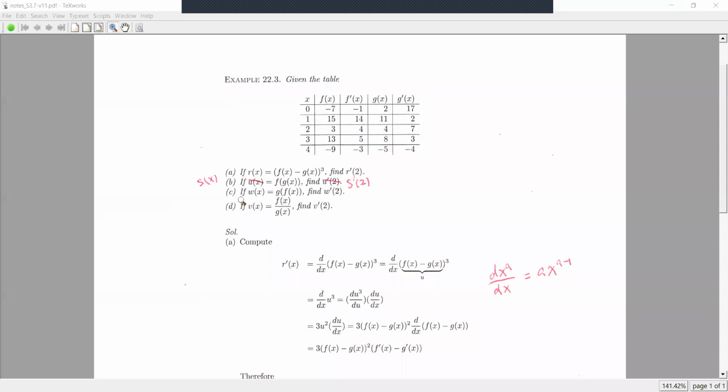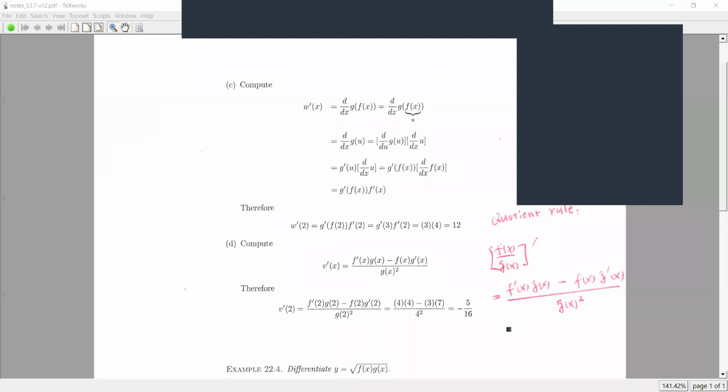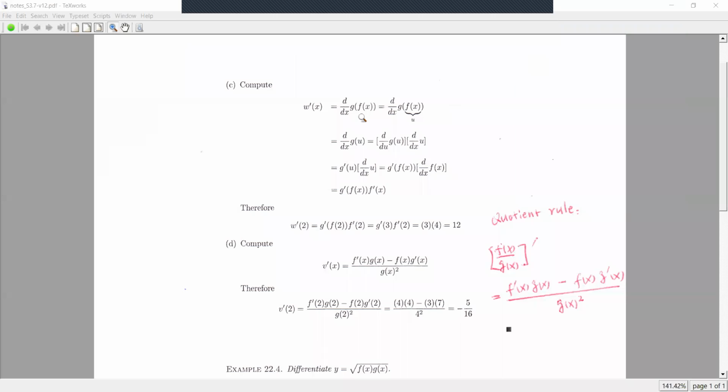Question C. If W is g of f of x, this is a composite function of the function g and the function f. Find the derivative of W at the point 2. Because the function is a composite function, g of f of x, I compute the derivative by the chain rule.